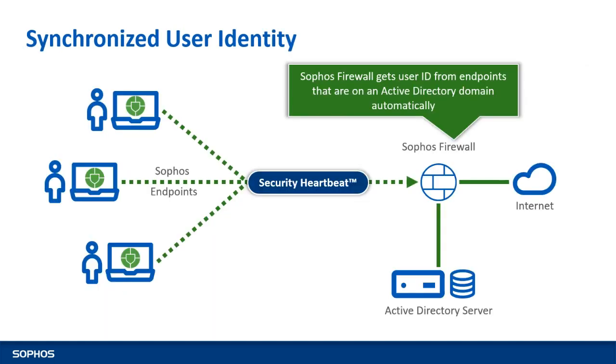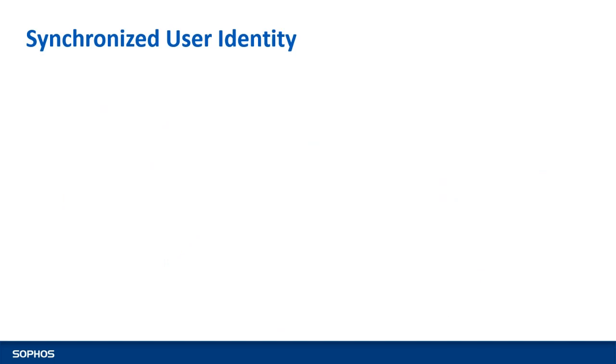So the synchronized user ID leverages the security heartbeat of Sophos on the Windows endpoints to provide transparent user authentication with the firewall, by sharing the user's identity through the heartbeat connections. This makes authentication seamless without having to deploy additional agents onto domain controllers. Synchronized user ID is enabled by default for all the Windows endpoints that establish a security heartbeat with the Sophos Firewall.